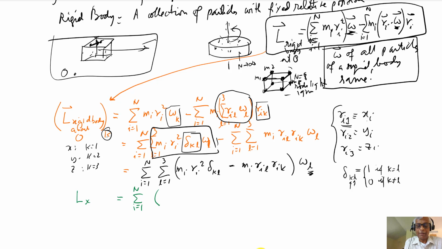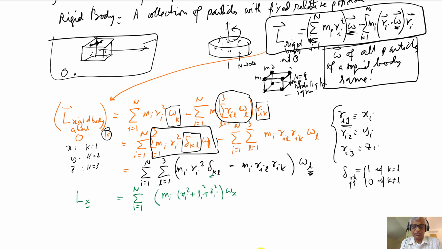I'm going to get mi, ri square, which will be xi square plus yi square plus zi square, and l. I'm summing over l, so I want x. So when k is x, the only time I'm going to get this is when l is x. So this will be omega x.